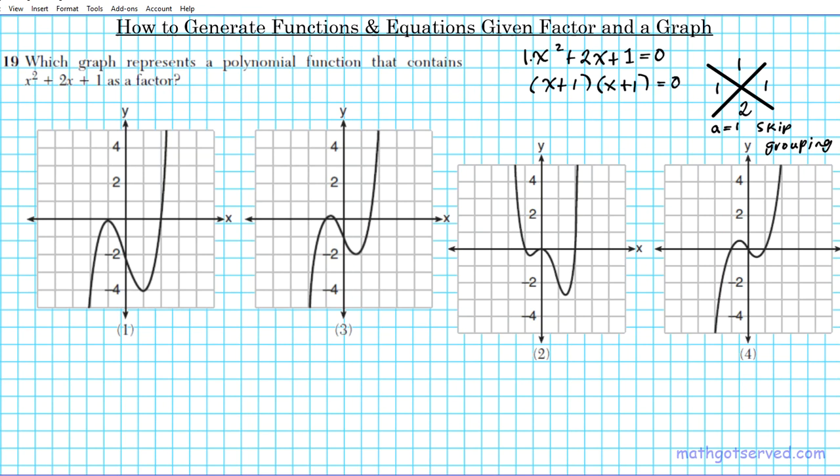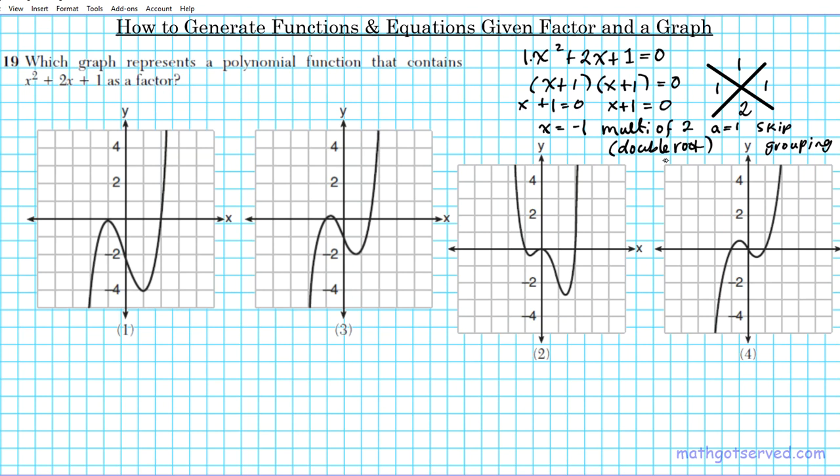Okay, equals 0. And what we'll do is set it equal to 0. So x plus 1 equals 0 and x plus 1 equals 0. If you solve both of them, you're going to have x equals negative 1 with a multiplicity of 2. This, ladies and gentlemen, is known as a double root.